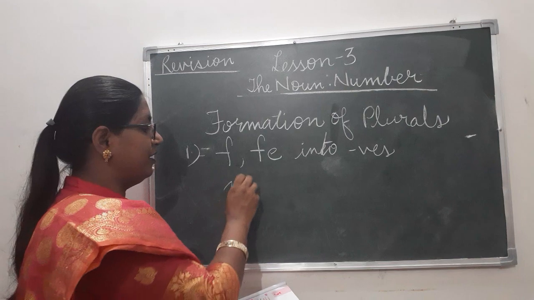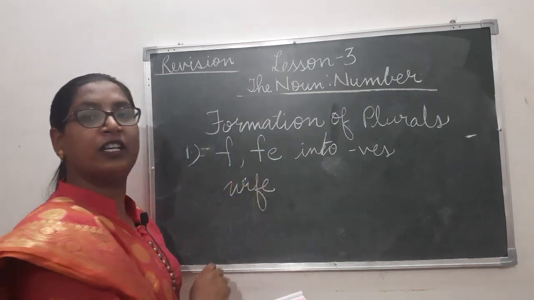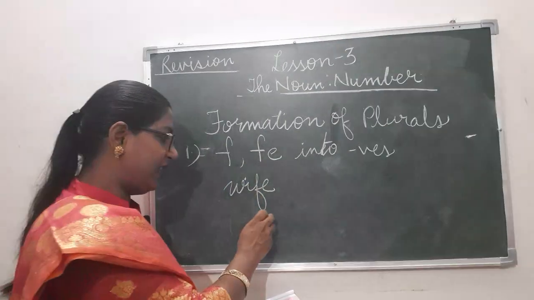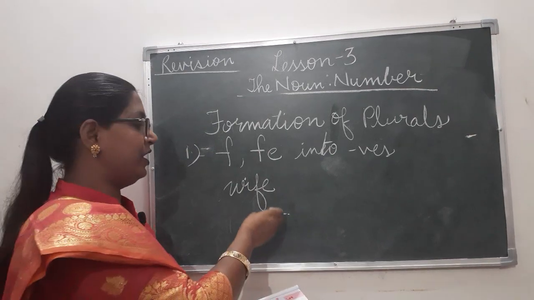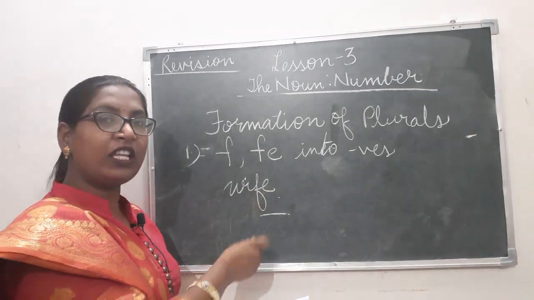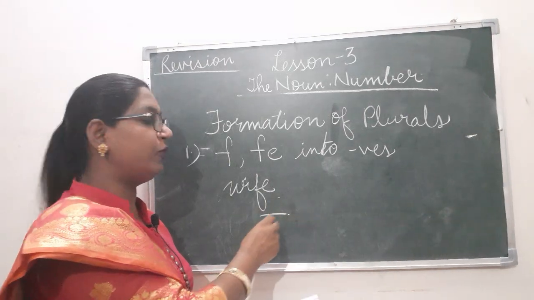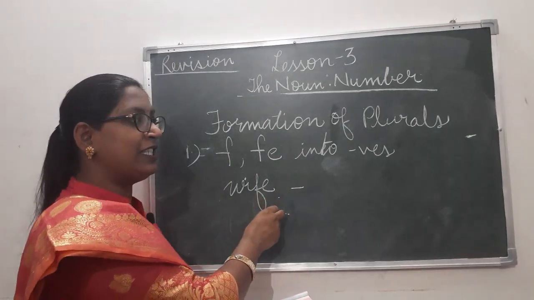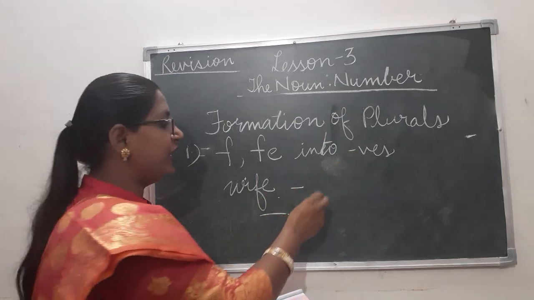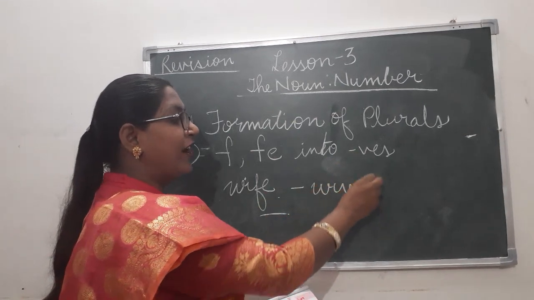For example, wife. Here this noun is ending in FE. So when we change it into plural form, FE is changed into VES. Wives.